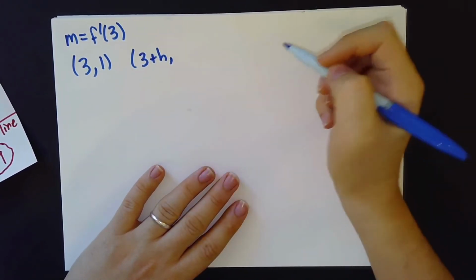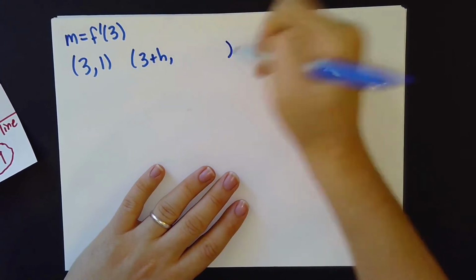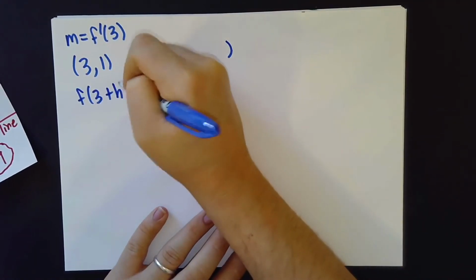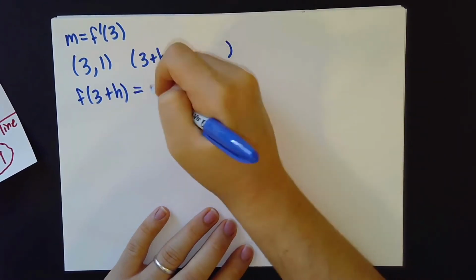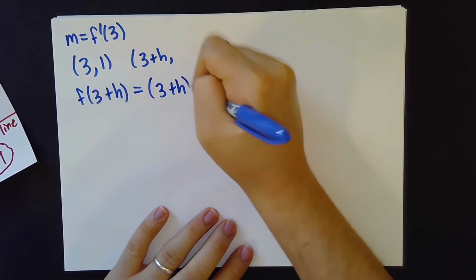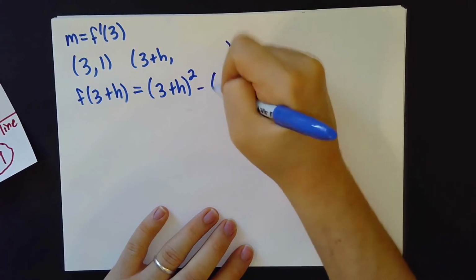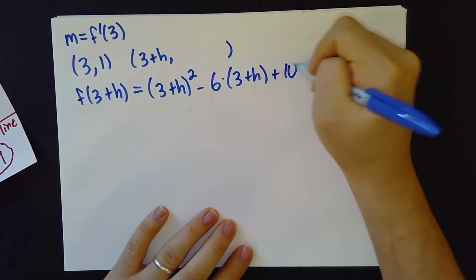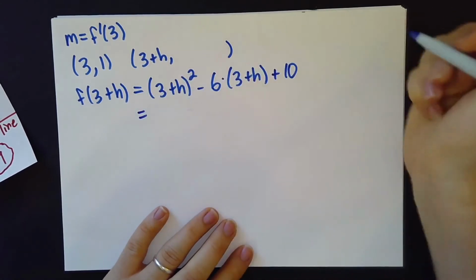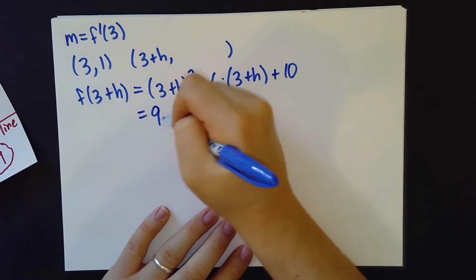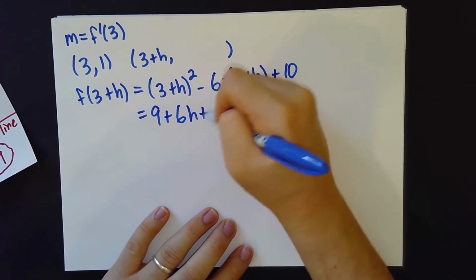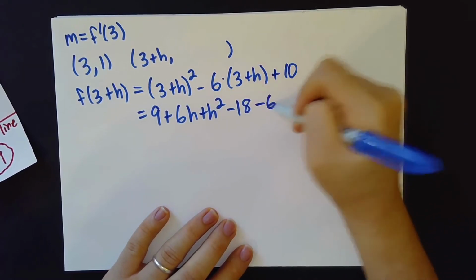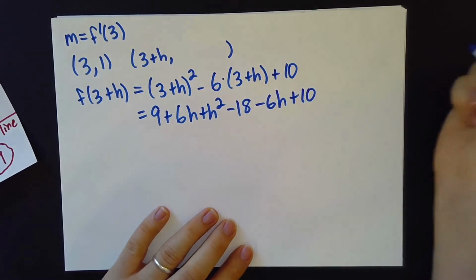So 3 plus h, comma, and then I've got to figure out what this is going to be. So f of 3 plus h is going to be 3 plus h squared minus 6 times 3 plus h plus 10, which is 9 plus 6h plus h squared minus 18 minus 6h plus 10.